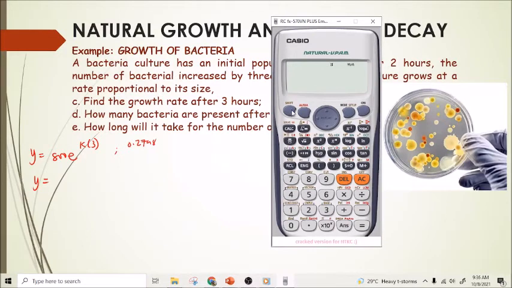Okay. So, we have, wala na nun itong, wala siya. So, let's just say it's 2798. Sige. So, we will have 800 times e to the 0.2798 times 3.